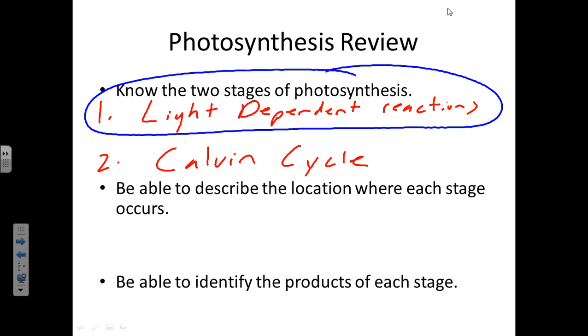So it happens in the leaf, and then we're going to zoom in on one cell, and then we're going to zoom in further on one what? Yeah, which organelle? Chloroplast. And then we're going to zoom in even further on what part of the chloroplast. The little thylakoids, the little bags of chlorophyll inside a chloroplast. So the correct answer here would be a thylakoid membrane.